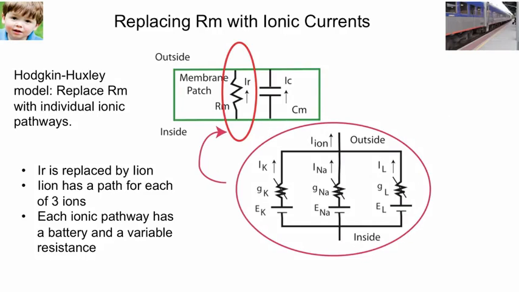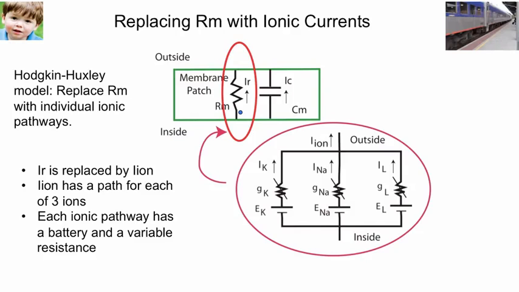The Hodgkin and Huxley model observes that the passive model is limited in its representation of the paths through the membrane that are caused by holes and channels in the membrane.